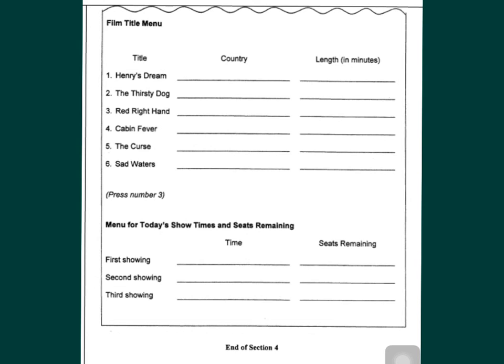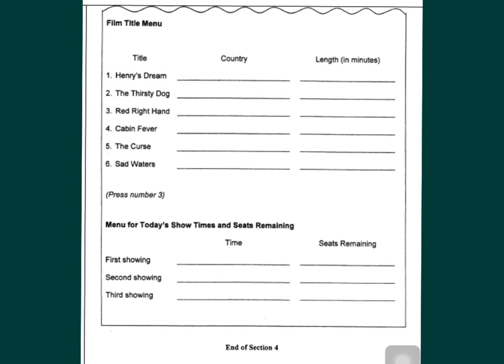The length of the film is 112 minutes. Press 3 for showtimes. The film title is Cabin Fever. The country it's from is Italy. The length of the film is 117 minutes.